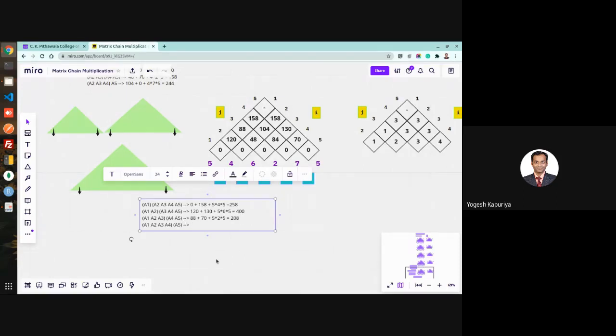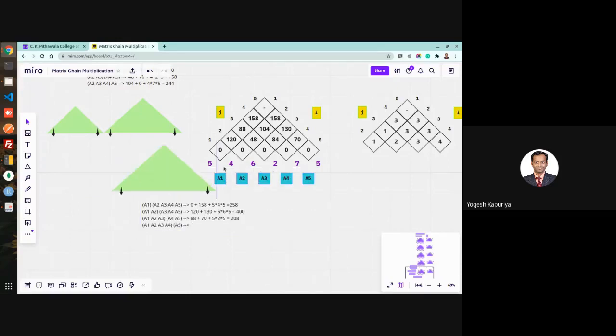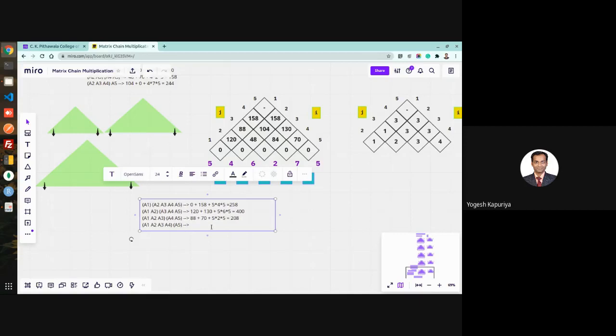Next. A1, A2, A3, A4. A1, A2, A3, A4 is 158. The dimension is 5 cross 7. So this is 158 plus something plus 5 cross 7. And multiply by A5. A5 is obviously 0. The dimension is 7 cross 5.